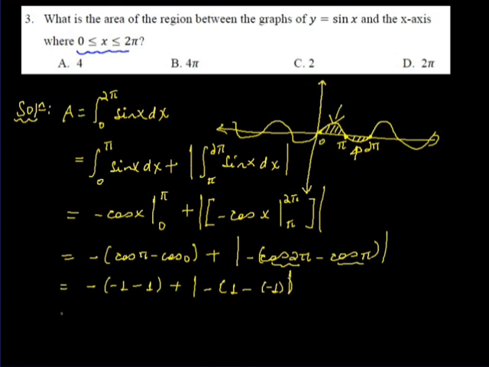So we evaluate this. Therefore this is negative 2, with the negative it becomes positive 2, plus this is also 2, the absolute value of minus 2 will be positive 2. Therefore the area for this region will be 4 square units. So our answer for this problem will be A.